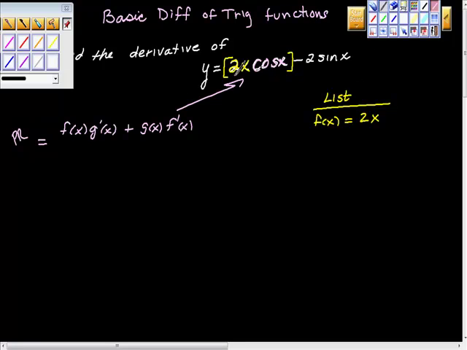So I need an f of x, an f prime at x, a g of x, and a g prime at x. Here we have our f of x. Let's get our f prime at x: the first derivative of this line is just 2. Then g of x is cosine x, and g prime at x is the opposite of sine of x.